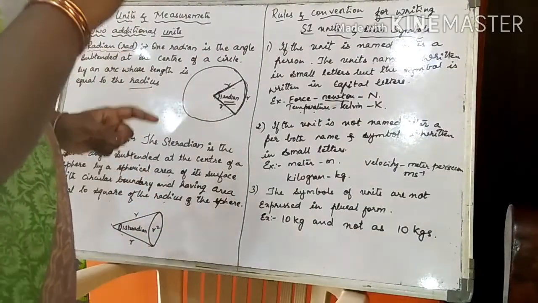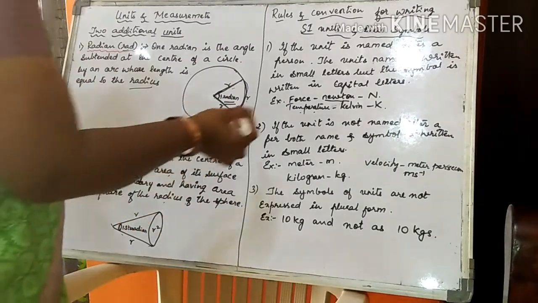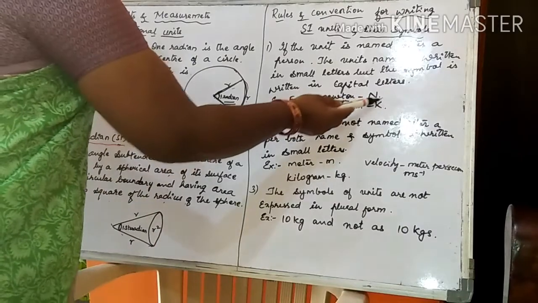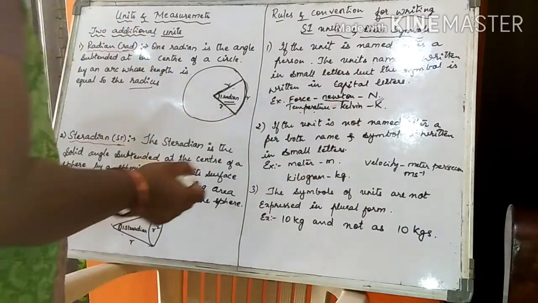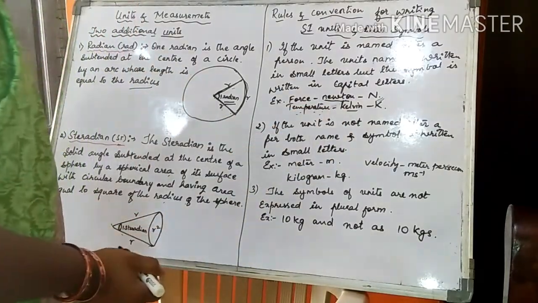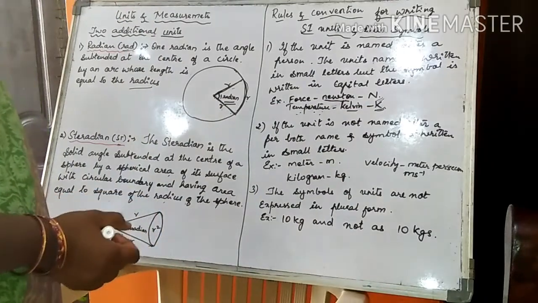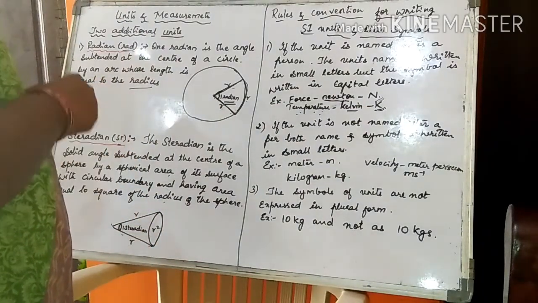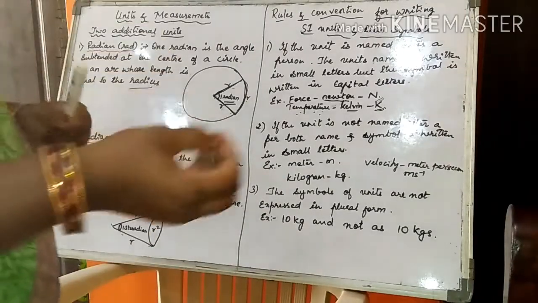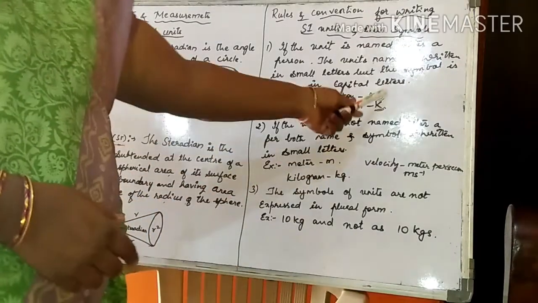If a unit comes from the name of a person, the name of the unit you write in small letters, but the symbol you write in a capital letter. Then temperature: we take kelvin, and the symbol taken is capital K. So if the unit is named after a person, the name will be in small letters and the symbol will be a capital letter.